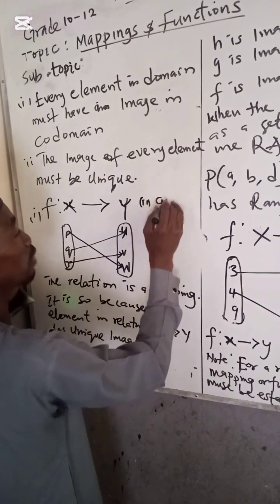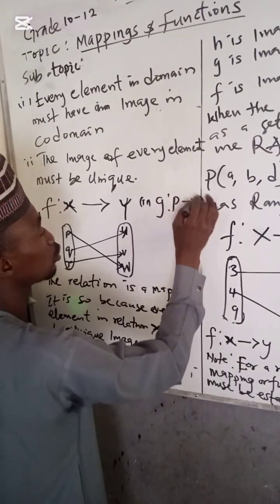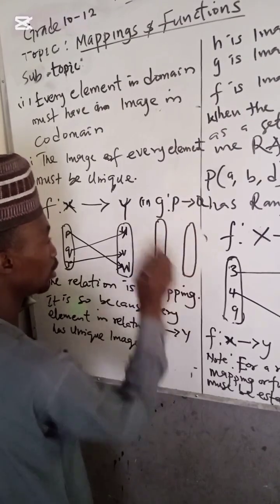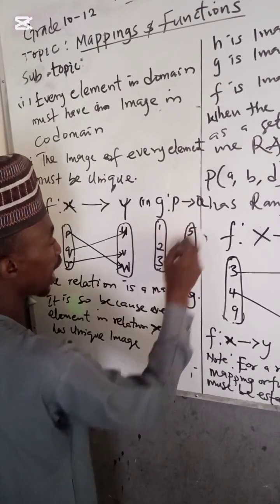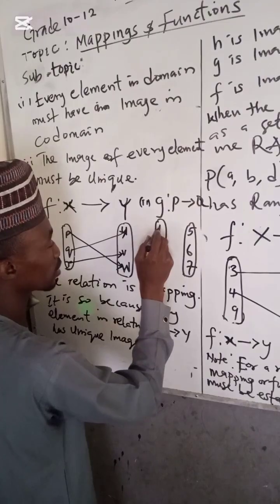Let's say the relation of G to P outputs Q. You have something of this nature. You have 1, 2, 3, 5, 6, 7. Now let's look.